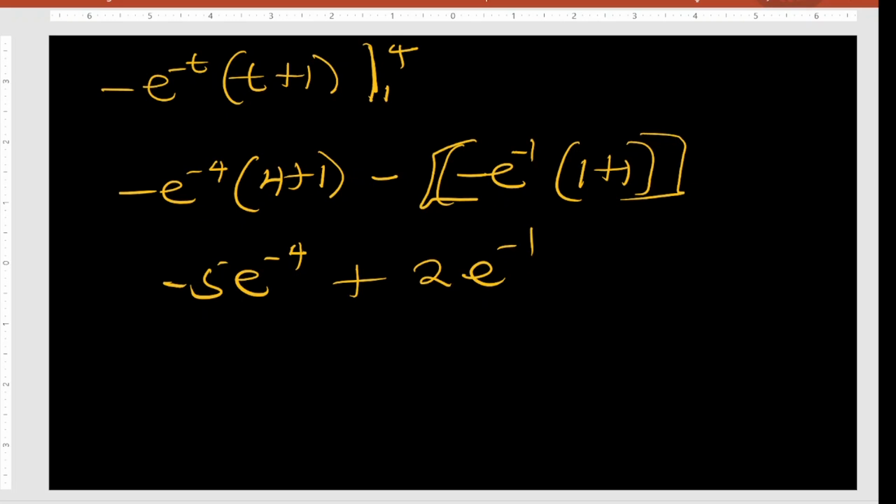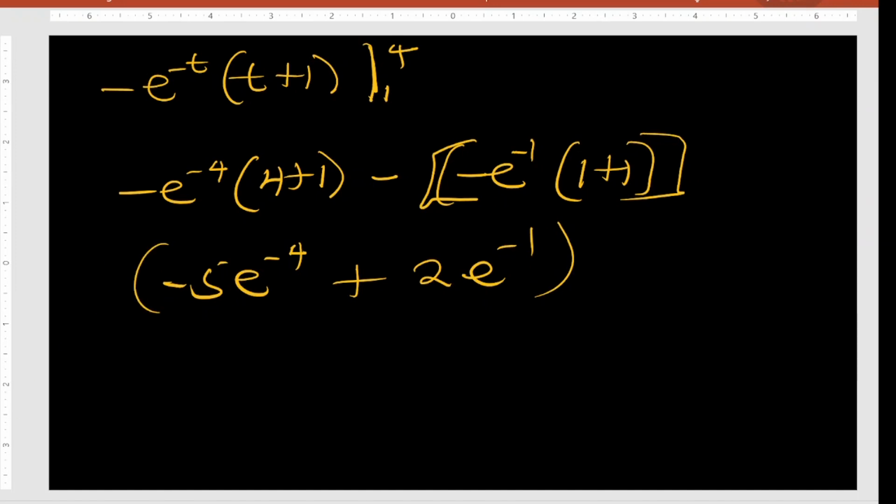So we'll leave it at this stage to represent the result of the integral of the second component function. We can find the values of e exponent negative 4 and e exponent negative 1, but those will yield decimals. So we'll leave this one at this stage.